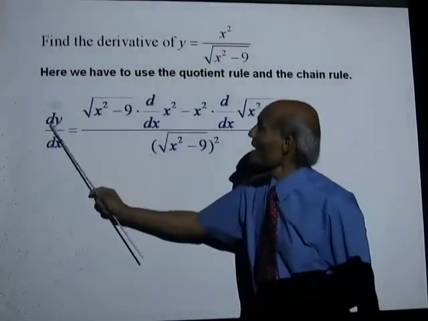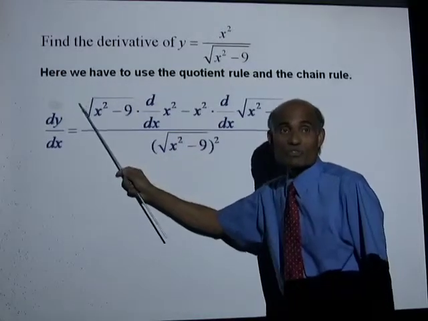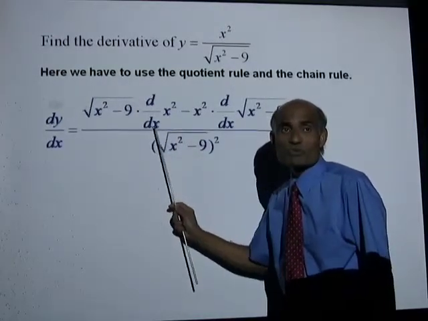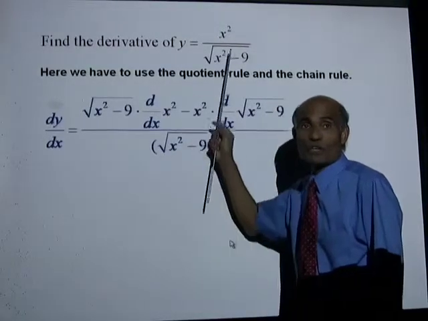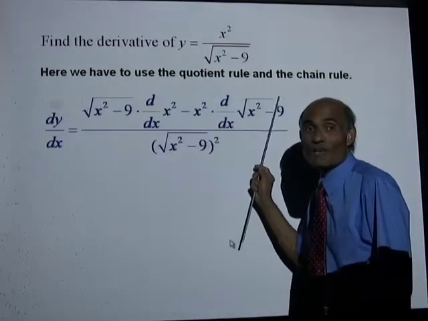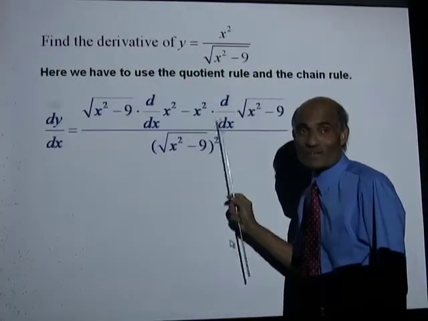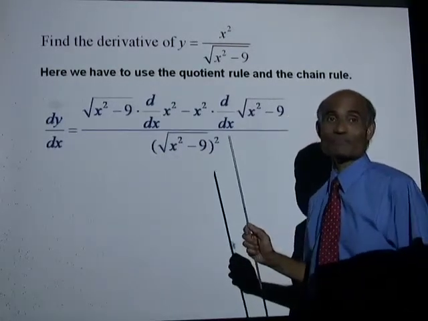All right, dy by dx equals, follow this step, denominator times derivative of the numerator minus numerator times derivative of the denominator, divided by square of the denominator.